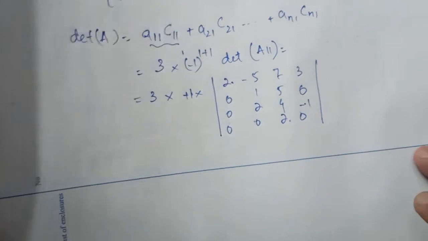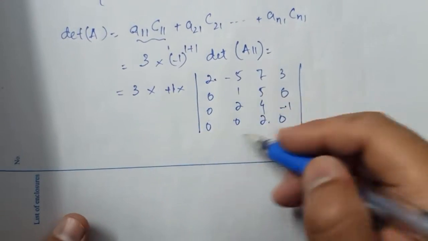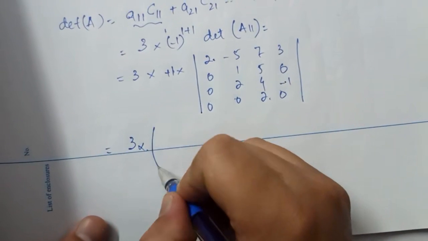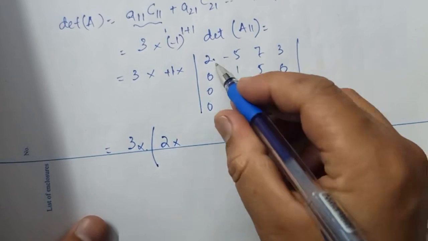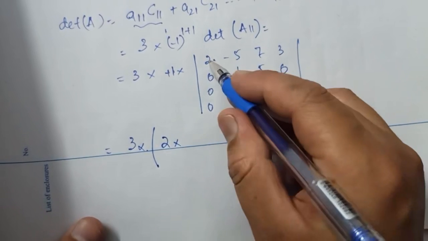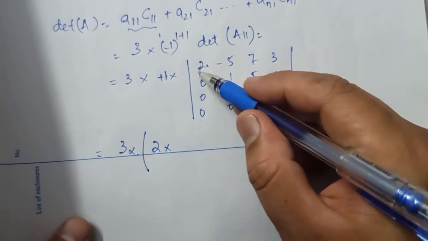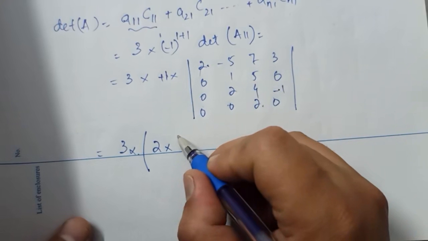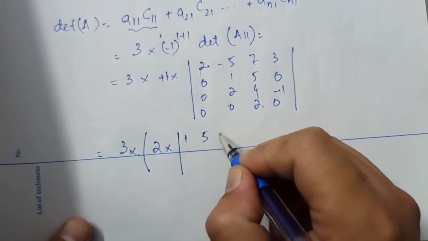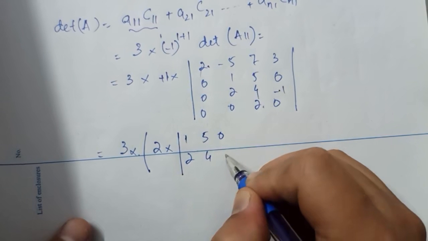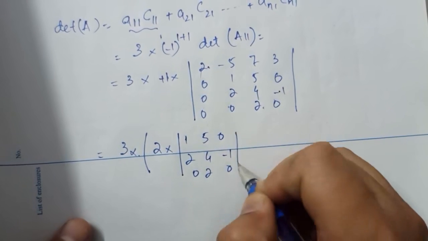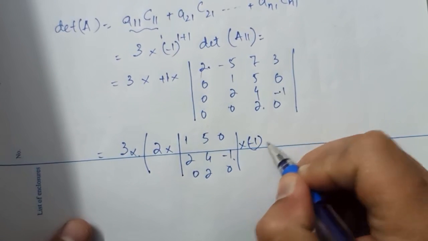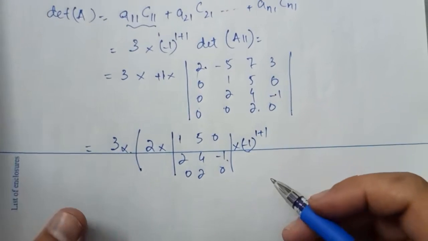Make this one the point of expansion to determine this determinant, so that becomes 3 into 2 times, and you can find the determinant by eliminating the first row and the first column. So 2 times 1 5 0, 2 4 minus 1, 0 2 0, and of course you have to write its place value, which is minus 1 to the power 1 plus 1.